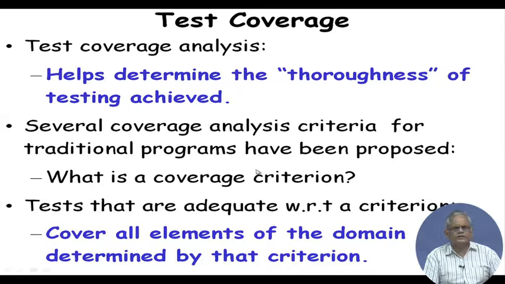So, the test coverage metric is typically defined by how many elements of interest are covered. The element of interest may be statements, then we have statement coverage. The element of interest may be a branch, and then we have branch coverage, and so on.